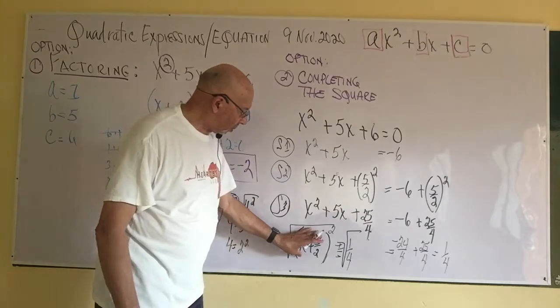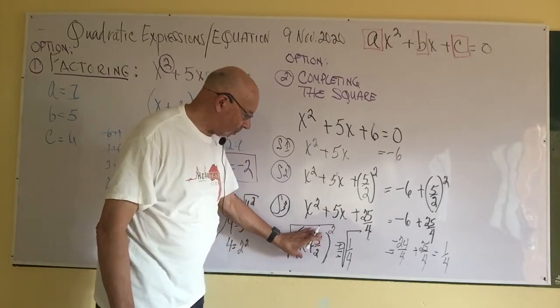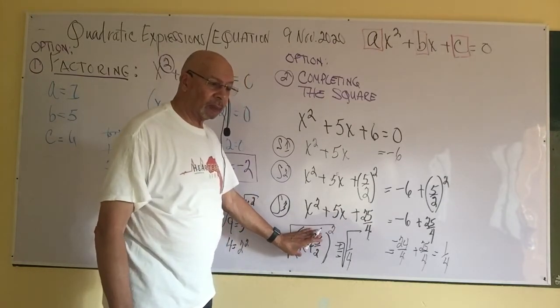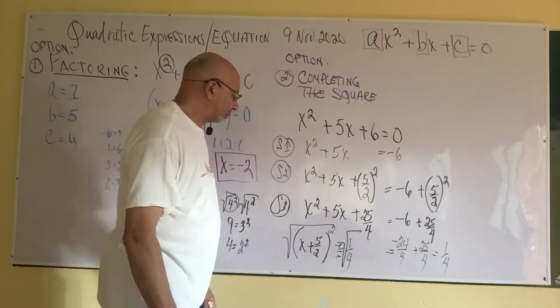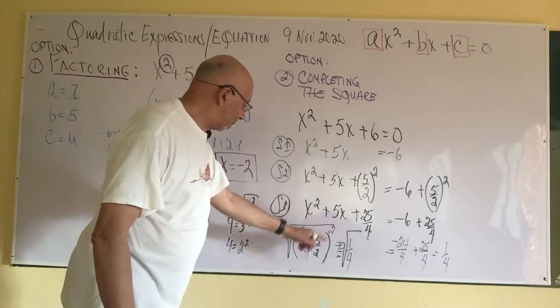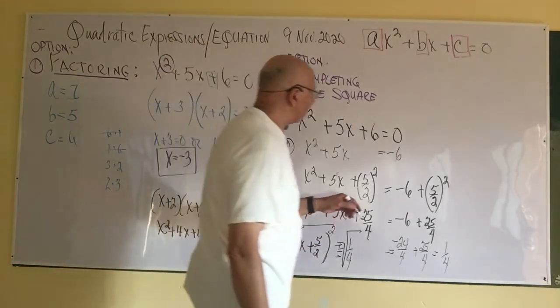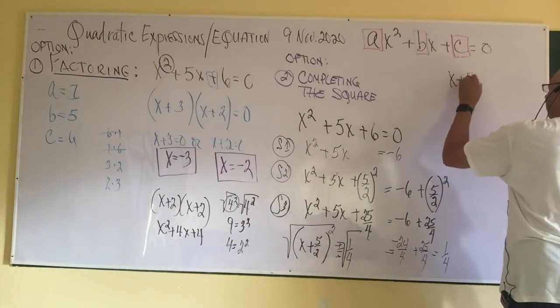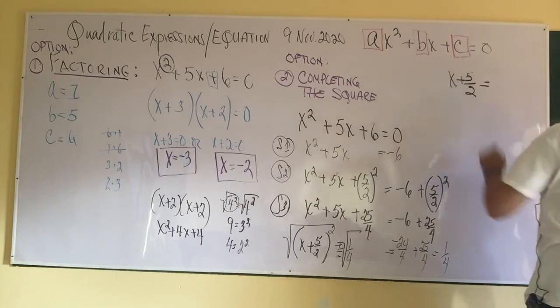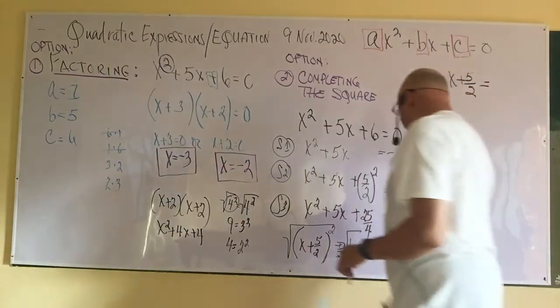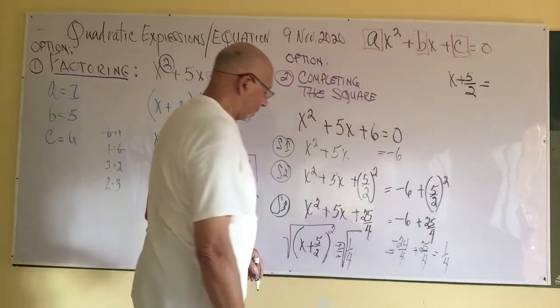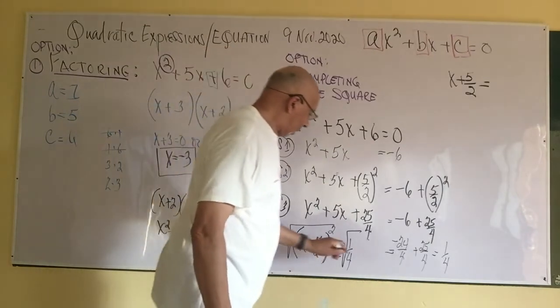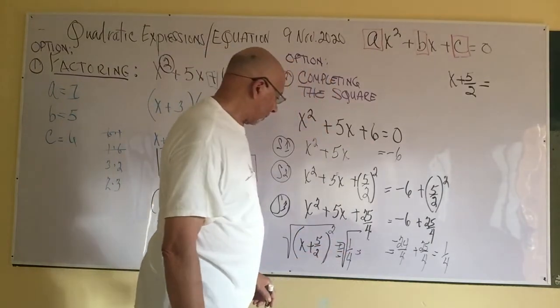So the square root of any square is going to be the term without the exponent. So when I take the square root of this, I'm going to get x plus 5 over 2. So I'm going to move that over here. X plus 5 over 2 is going to be equal to the square root of 1/4. So what is the square root of 1/4?